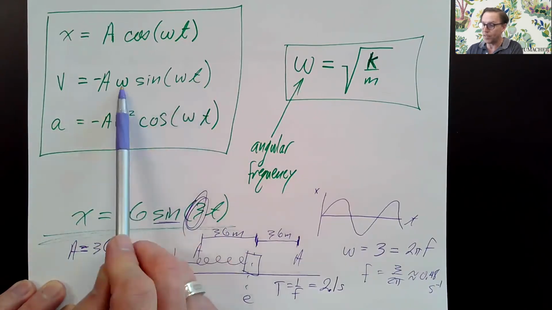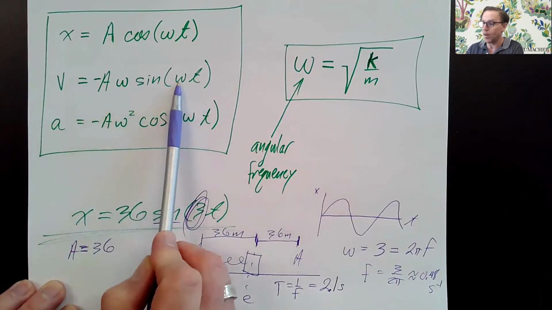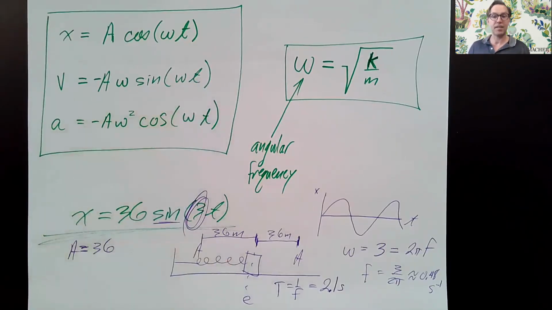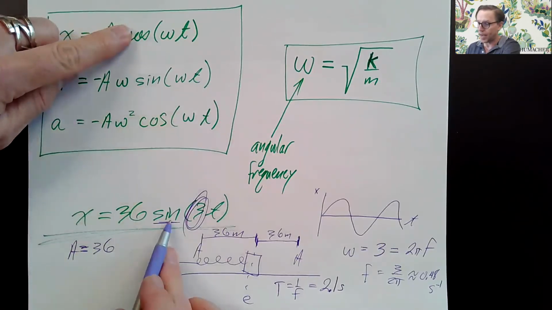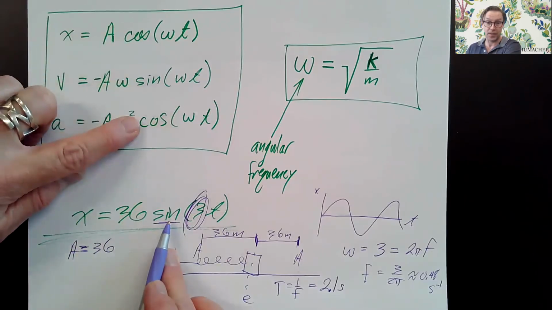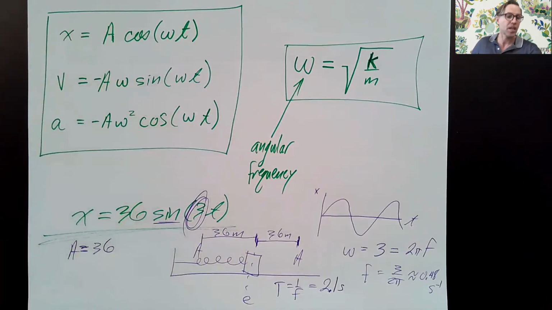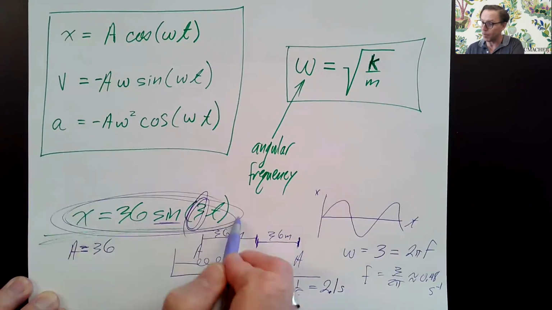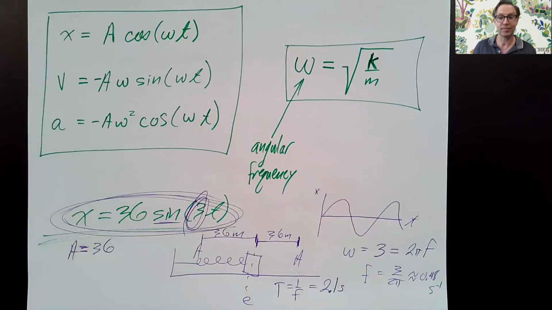So at any given time, I could find the velocity. Because I changed this cosine to sine, I would have to change this sine to cosine, and then this cosine to sine. So there's all kinds of things you can find out about motion just from looking at this one simple equation. And we're going to practice that lots and lots this unit.